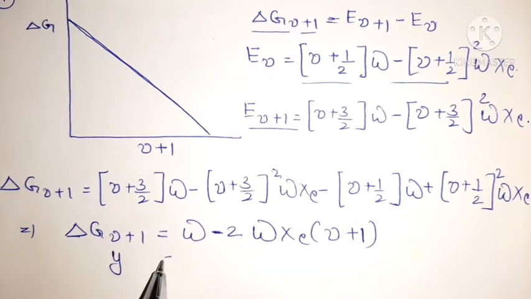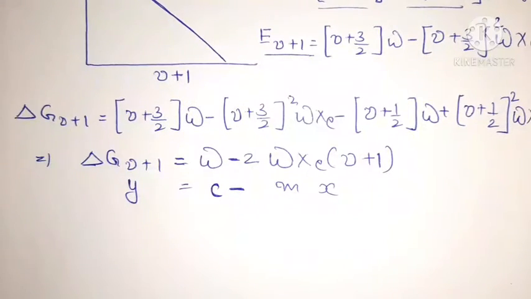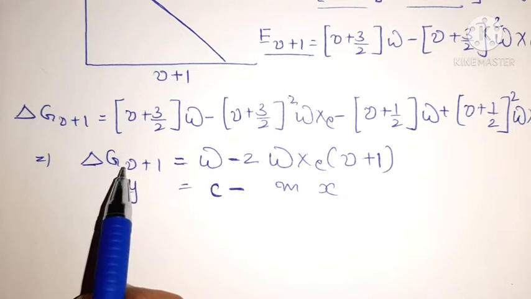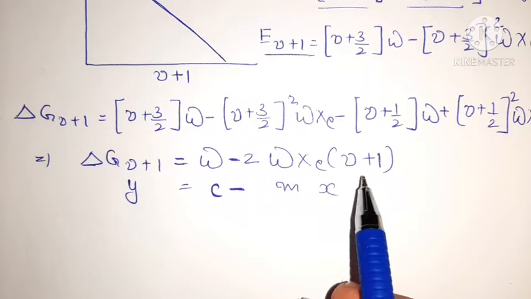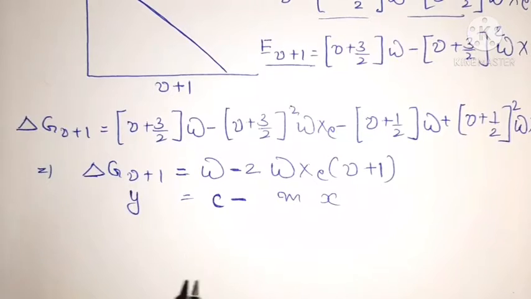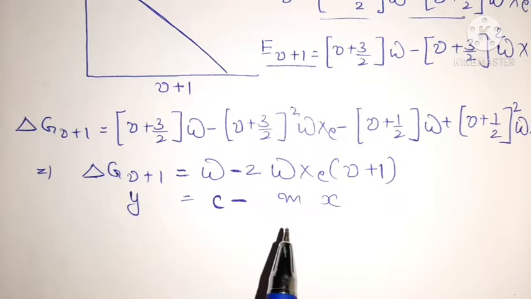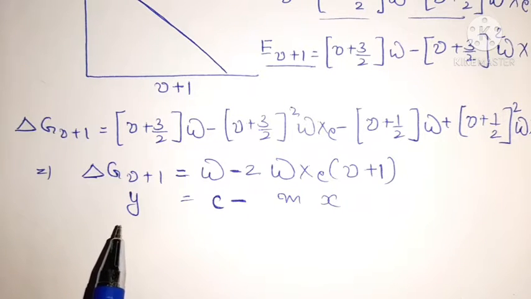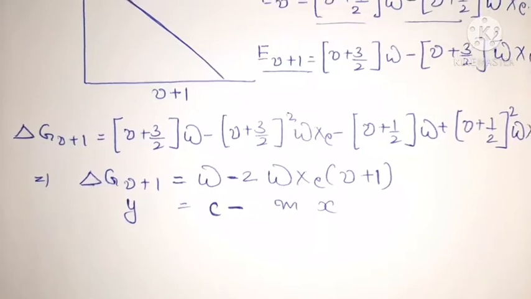Now you compare this equation with the equation of a straight line, that is y equals c minus mx. When you compare, we get a curve between delta G nu plus 1 on the y-axis and nu plus 1 on the x-axis, which is given in your question.